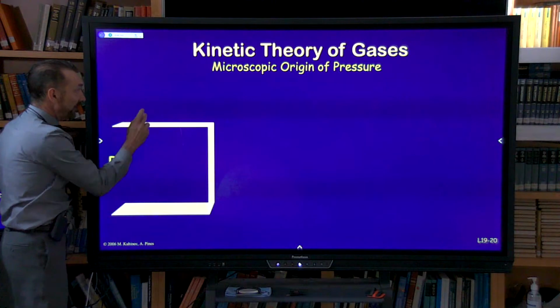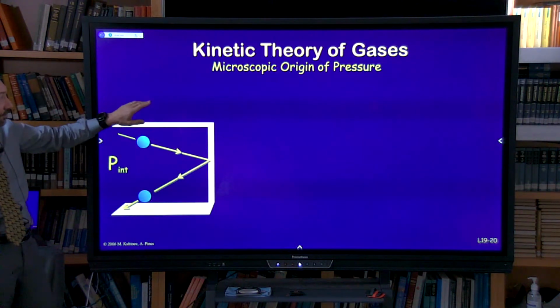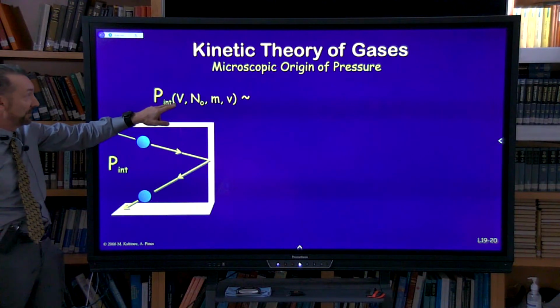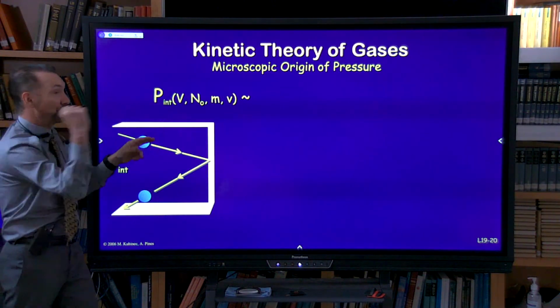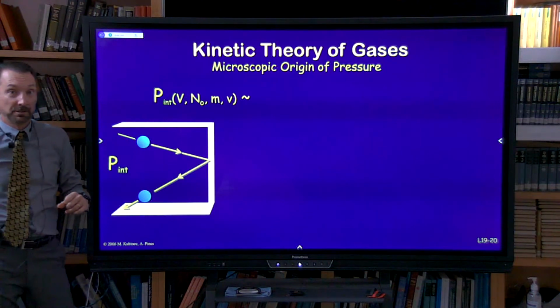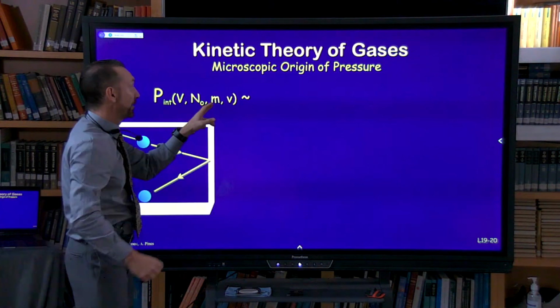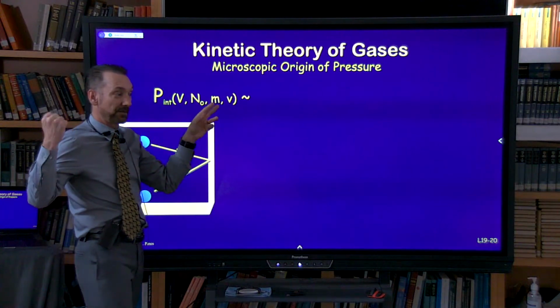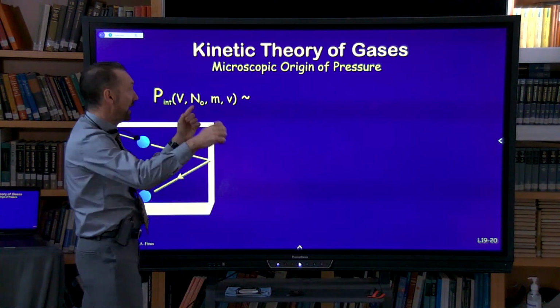So the pressure comes from these collisions, and the pressure is going to be a function of the volume, we know, certainly the number of particles. The more that hit the wall, the higher the pressure. The more massive particles, at a given velocity, impart more momentum, so higher mass.